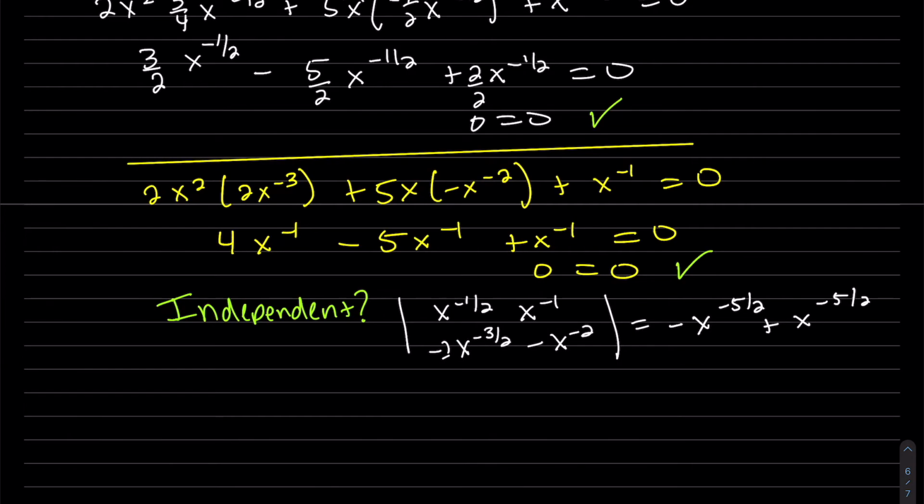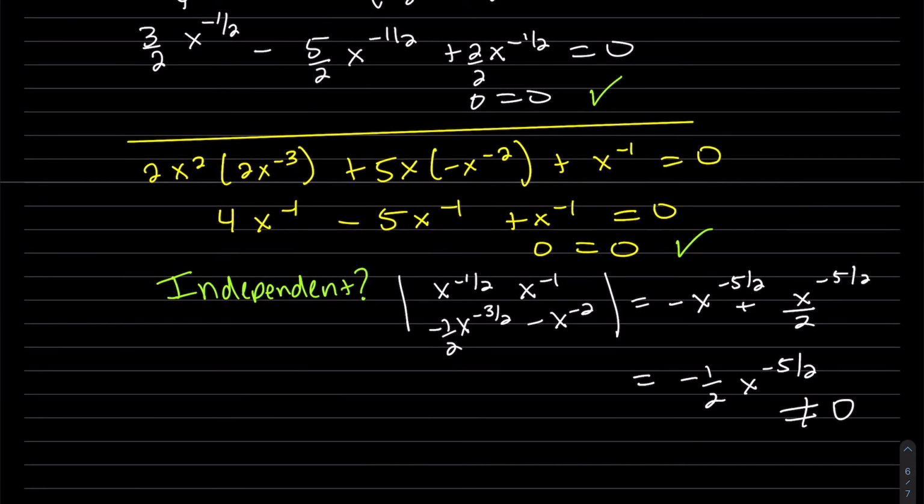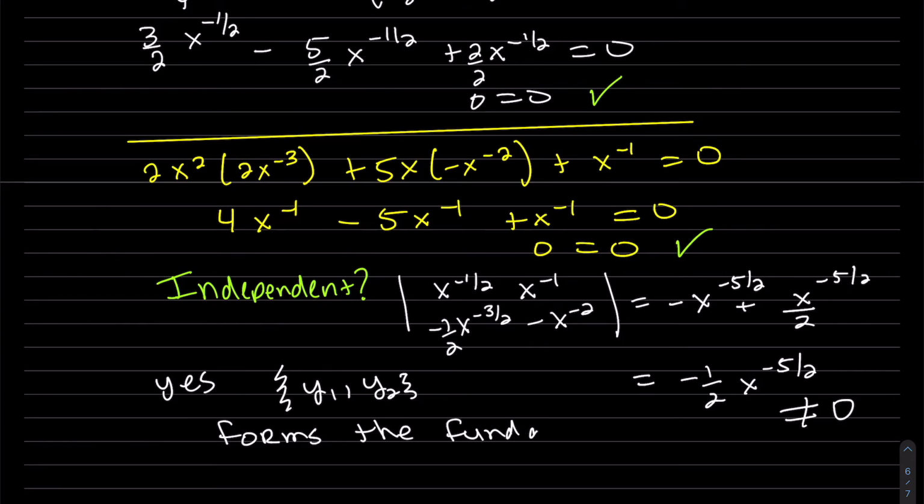So minus 1/2 in the front. It's going to change things, so it's plus 1/2. So that's never going to equal 0. It's got 1 on the top. So yes, basically, it's a basis.